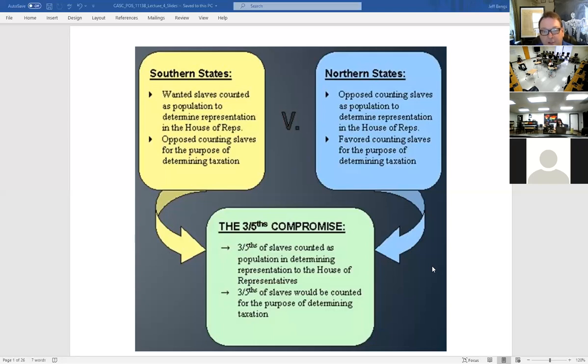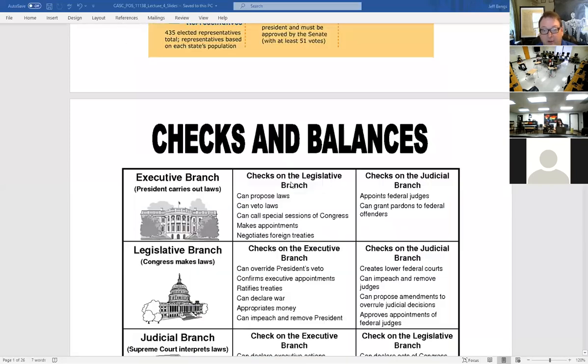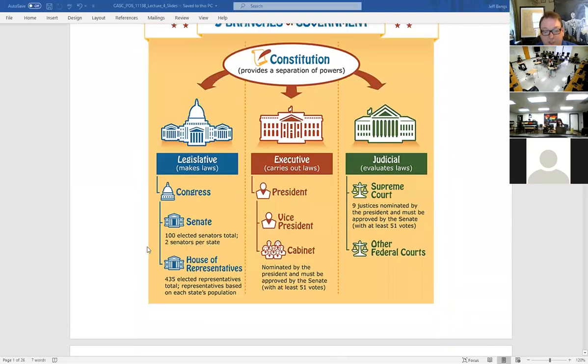So in this Constitutional Convention, the southern states wanted their slaves to be counted as people so that their populations would be higher and they would get more representatives for the House. Remember, each state was going to get a certain number of representatives based on their population.